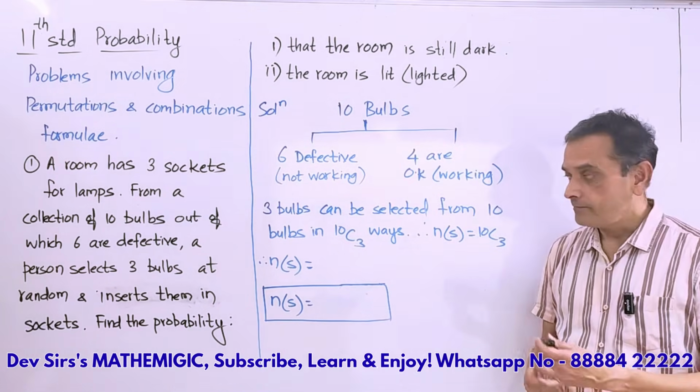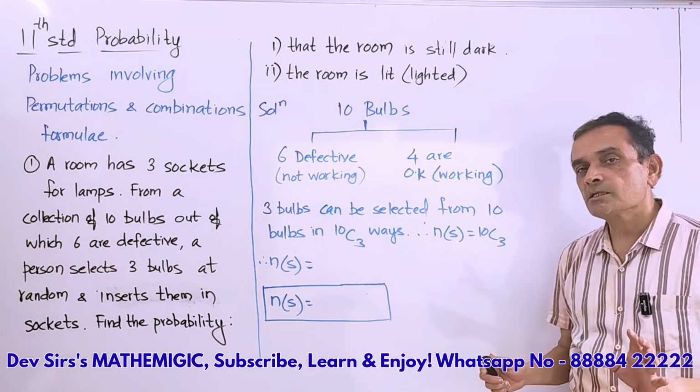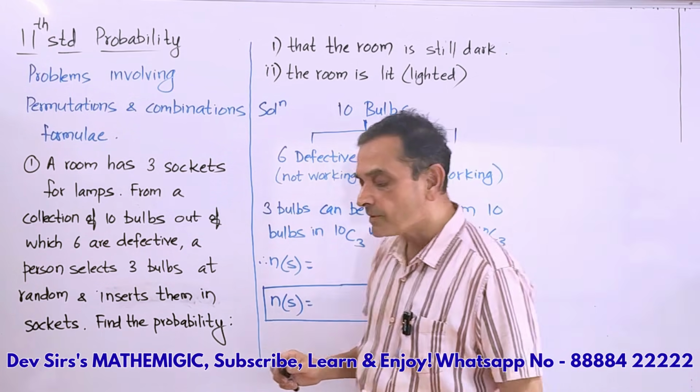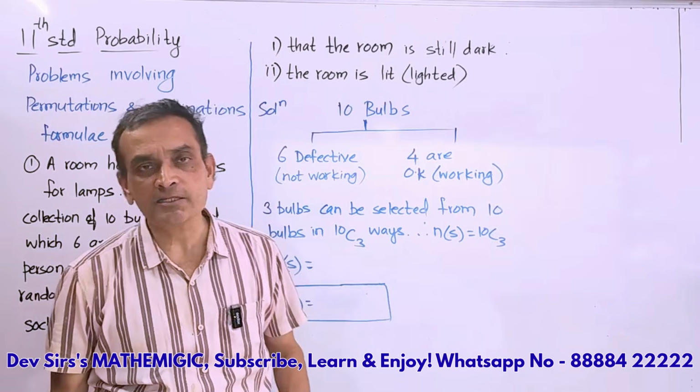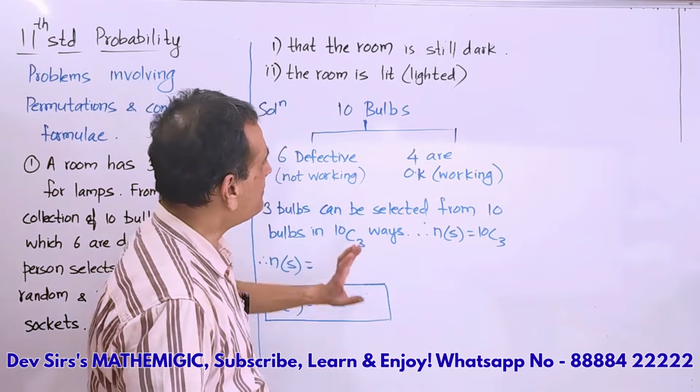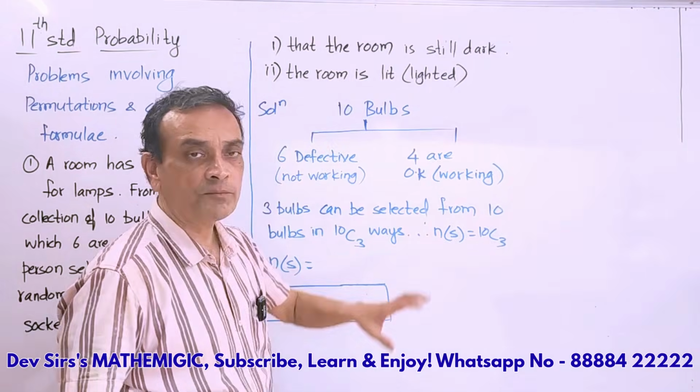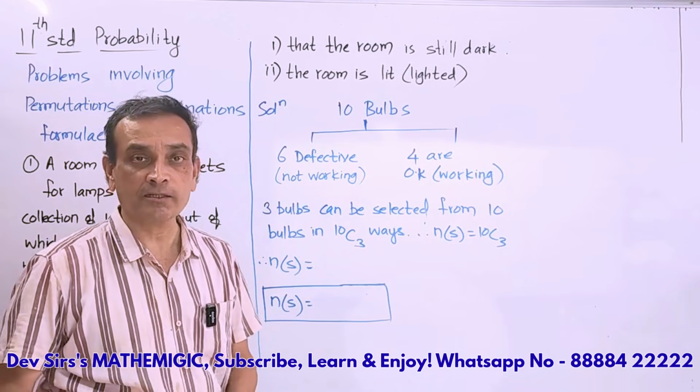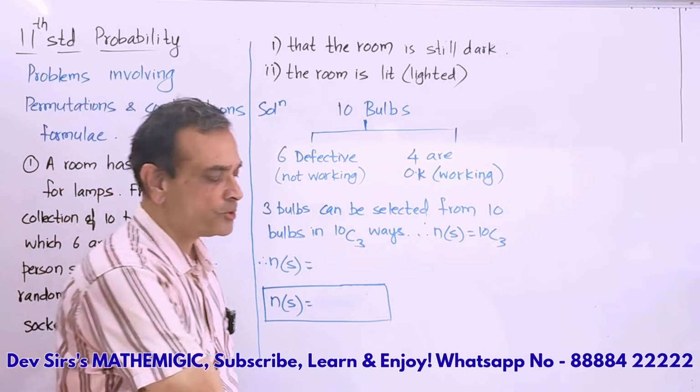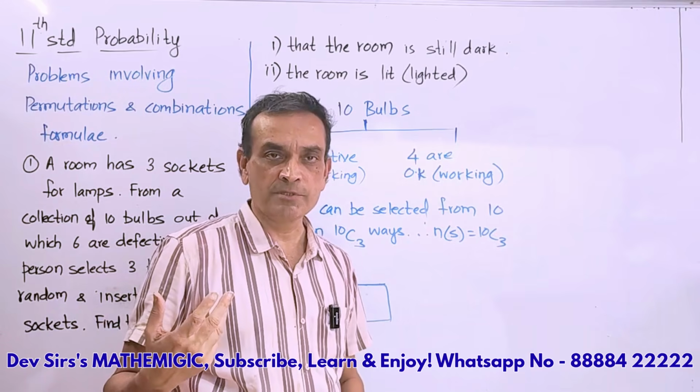So first thing is to find the sample space. How to find the sample space? 10 bulbs are present. From that, you have to select 3 bulbs. Select means just put your hand and take out 3 bulbs.